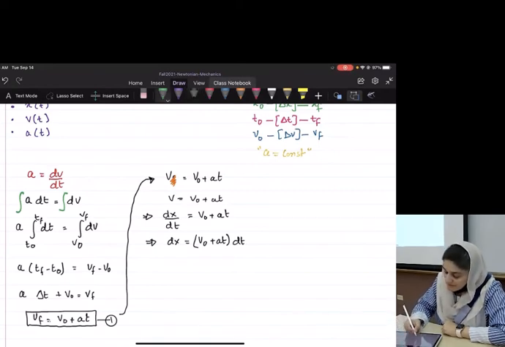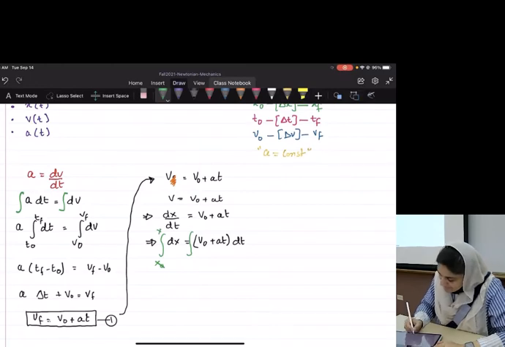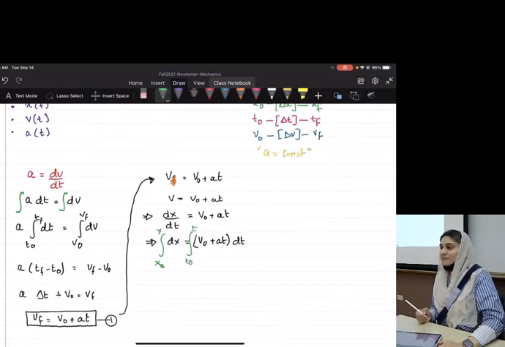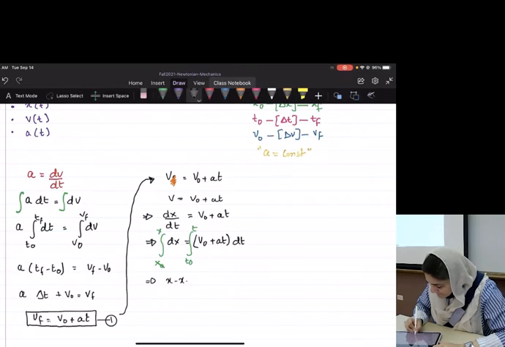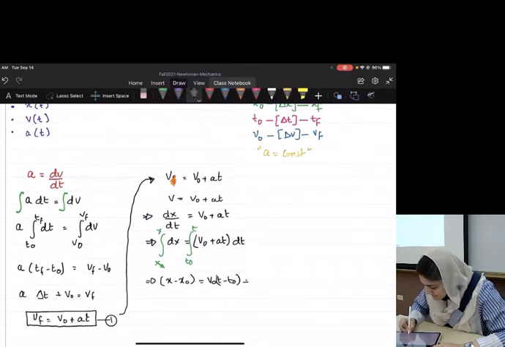Now may I integrate? Limits of integration on the left side. And then this one is from T0 to T. Okay, so when I integrate this, what do I get? Everybody understands these integrations, right? Yes. So I don't have to.